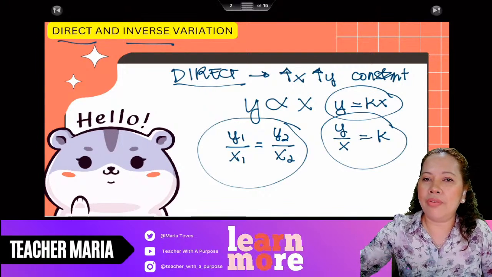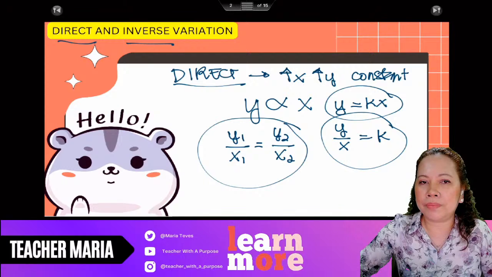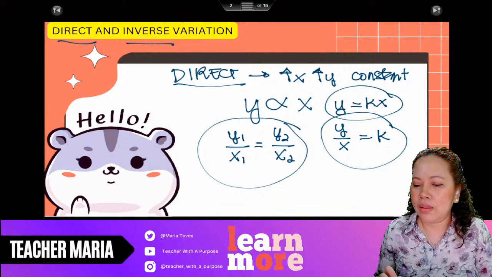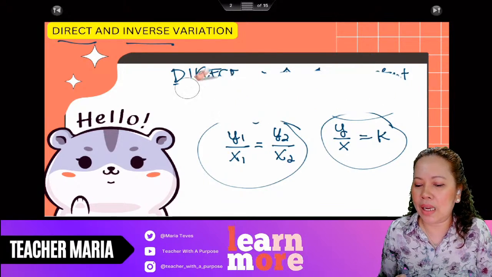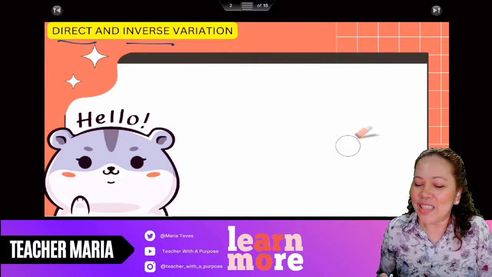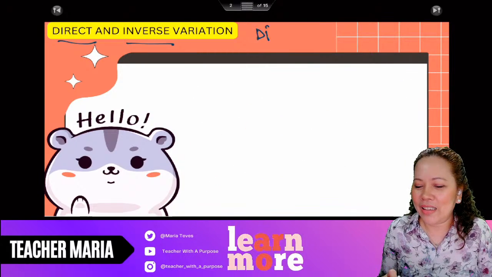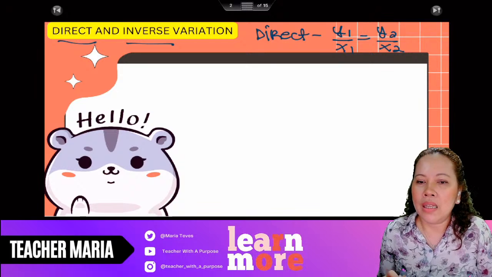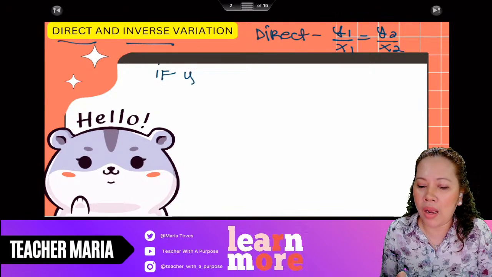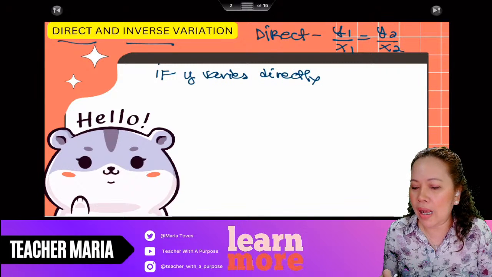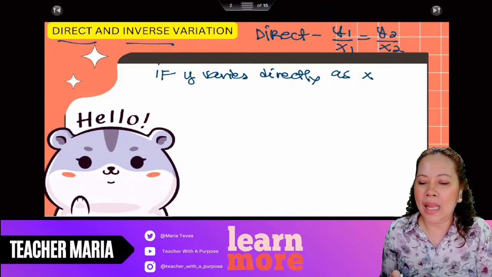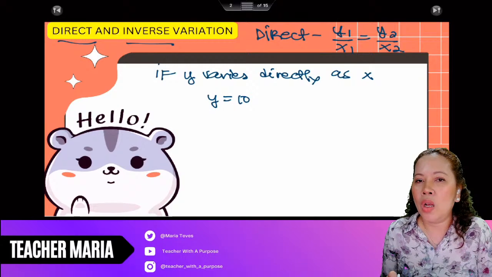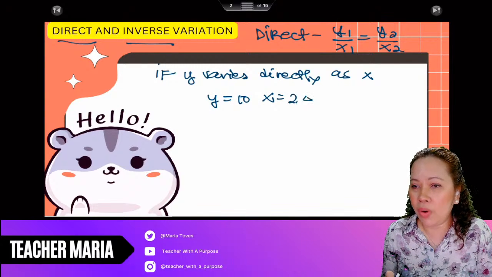So if you have, let's say for example, direct, that will be y1 over x1 equals y2 over x2. Let's say y varies directly as x, and let's say your y is 10 as x is 2.4.